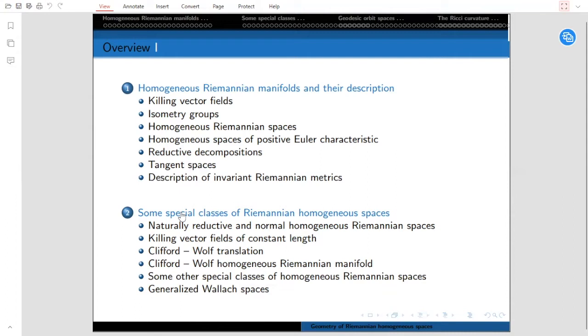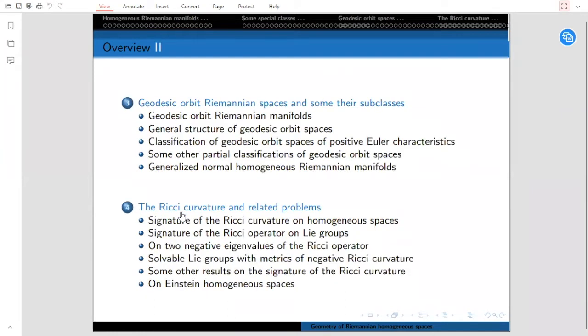It's relatively easy, because we have some special simplification in the case of Riemannian homogeneous spaces, and so on.